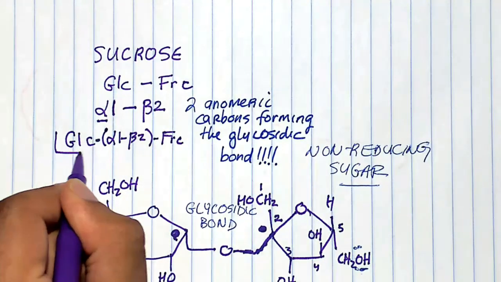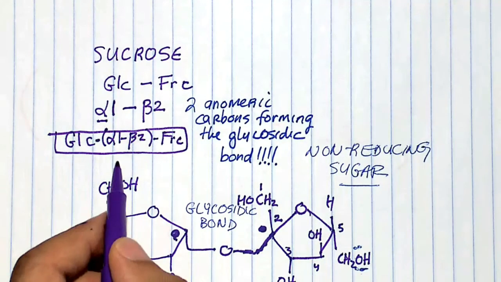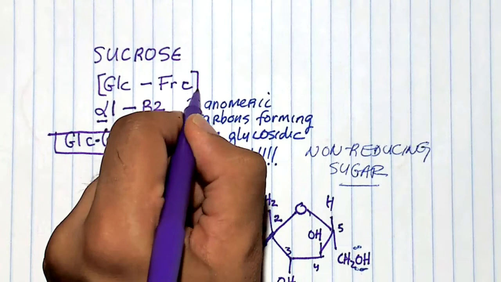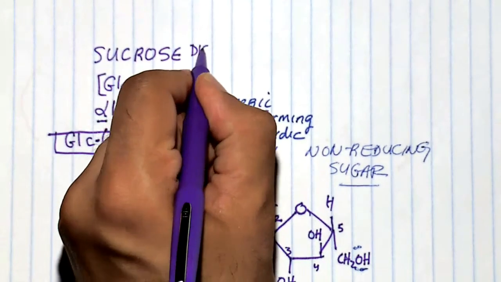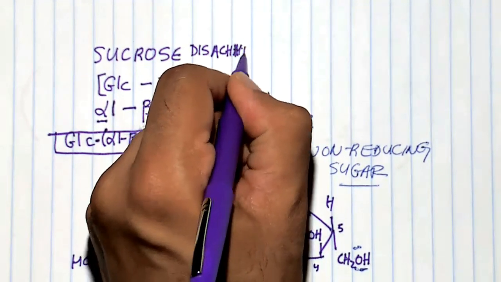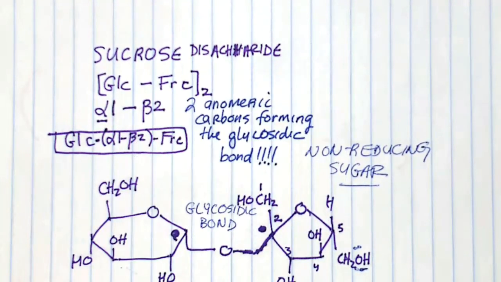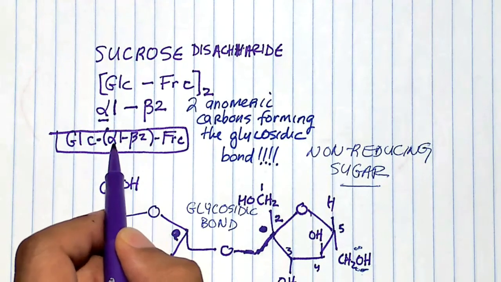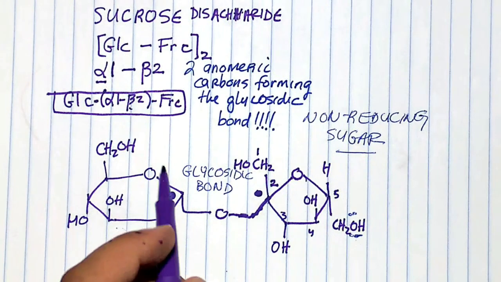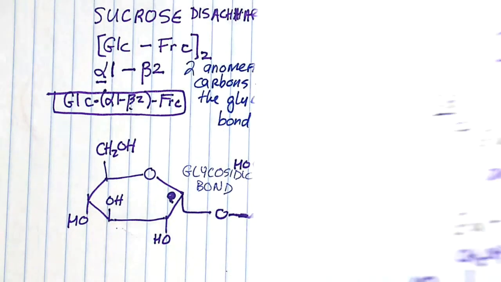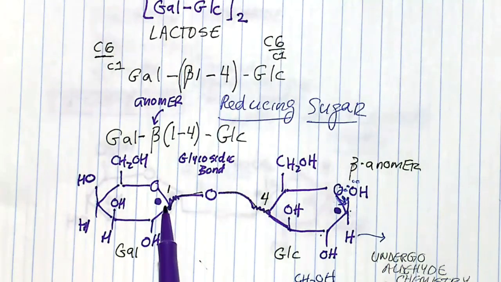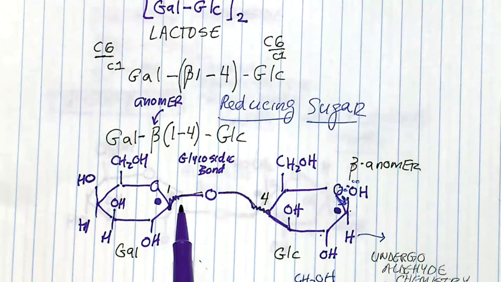Alpha 1 beta 2 glycosidic bond is sucrose. It's a disaccharide just like lactose, but we have to designate alpha 1 beta 2, because the two anomeric carbons are making the bond. Whereas in lactose, it's just beta 1,4 because only the anomeric carbon of galactose is involved in the glycosidic bond.